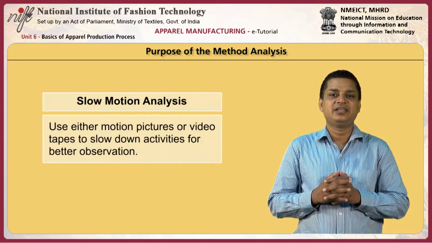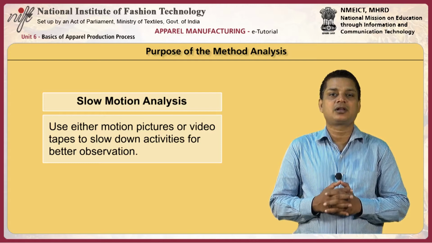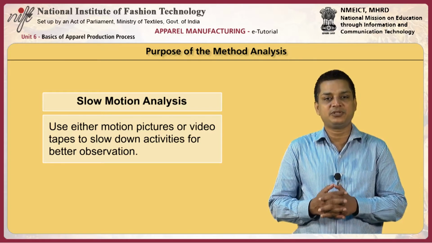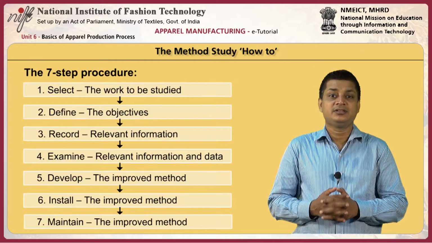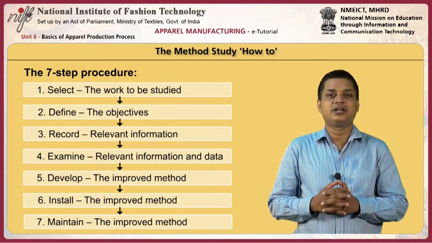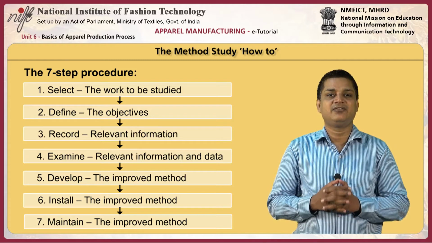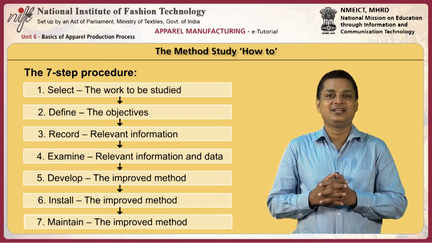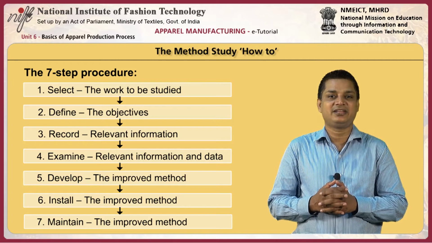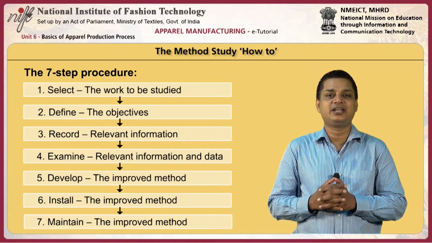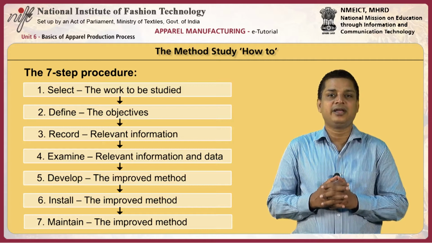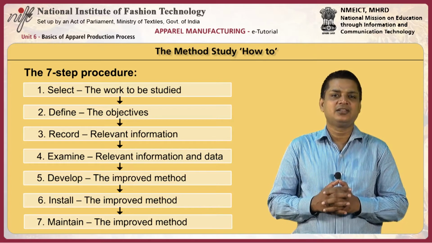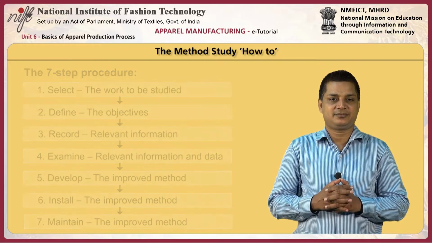In this method, either motion pictures or videotapes are used to slow down activities for better observation. This is the 7-step procedure to conduct a method study. In the first step, the work to be studied is selected. The objectives are then defined. Relevant information is recorded and then examined. Now an improved method is developed and installed. Finally, the improved method is maintained.